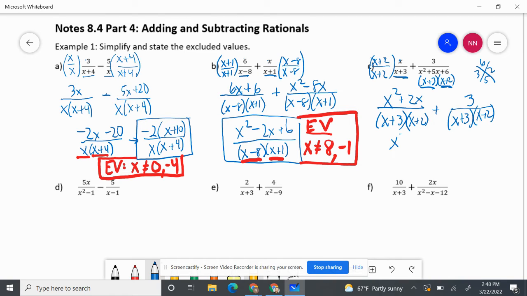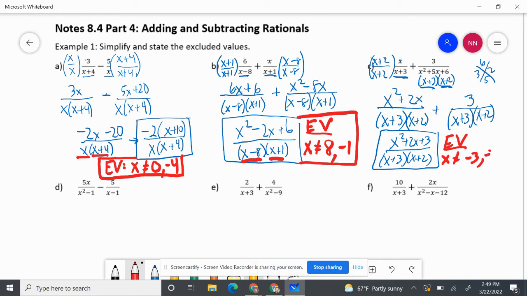So we have x squared plus 2x plus 3 over x plus 3 and x plus 2. Once again, when we're looking for our excluded values, it's whatever gives us 0 in the denominator. So for the first one, negative 3, and for the second one, negative 2.